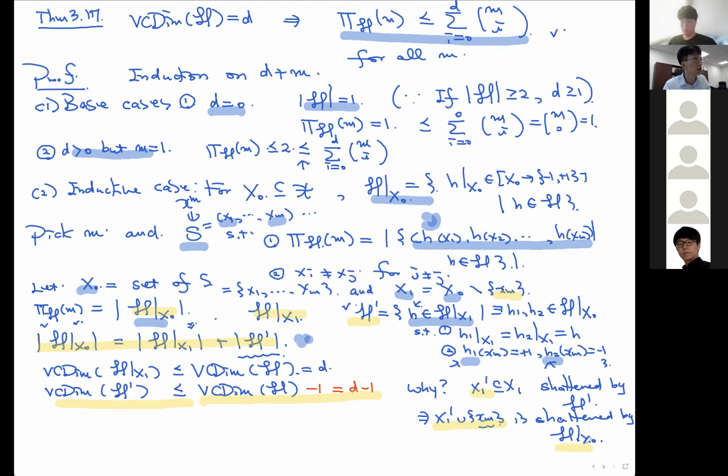This means the VC dimension of h prime is less than or equal to the VC dimension of h restricted to x0 minus 1, but the VC dimension of h restricted to x0 is smaller than or equal to the VC dimension of h. So we have d minus 1.